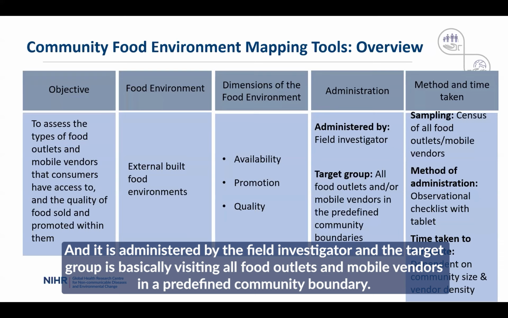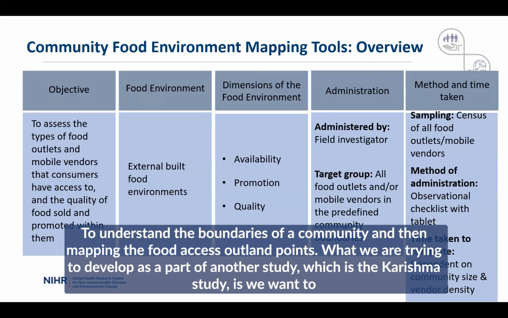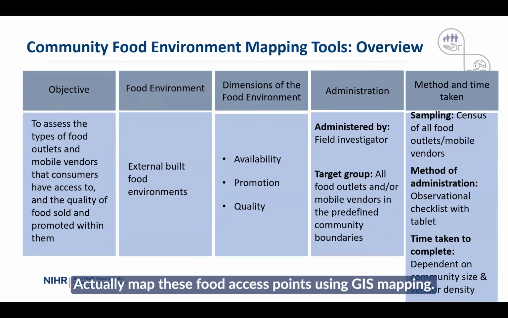Sometimes this community boundary can be set by physical mapping, or sometimes people have used innovative GIS methods to understand the boundaries of a community and then map the food access outlet points. As a part of another study, the Karishma study, we want to map these food access points using GIS mapping.